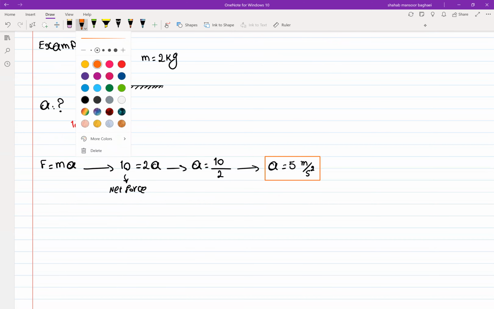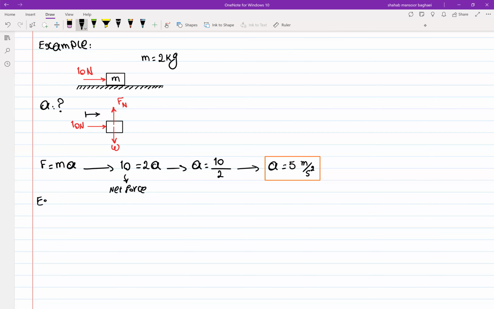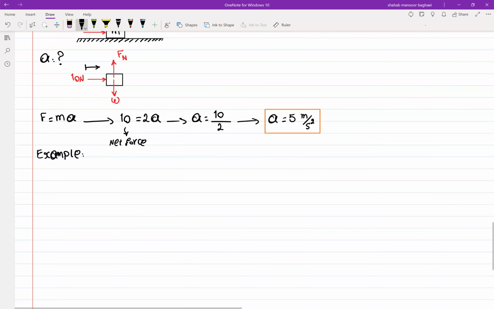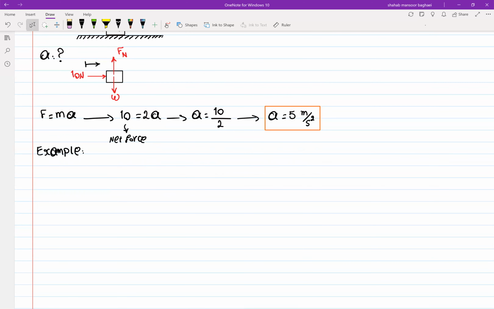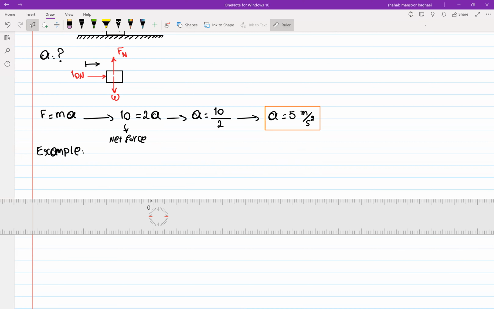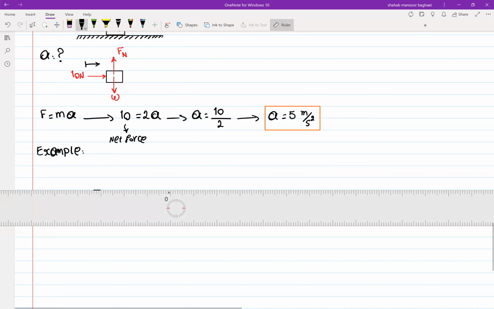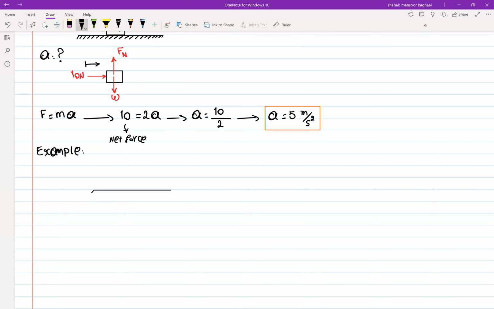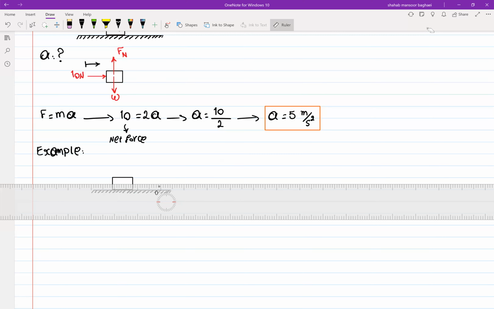Next example. There's a block here on the flat, smooth surface. This is your block. There are 2 forces.